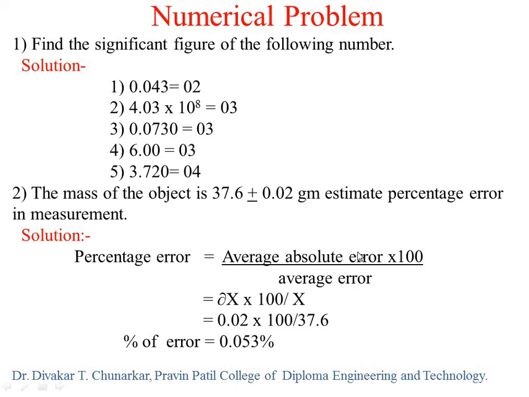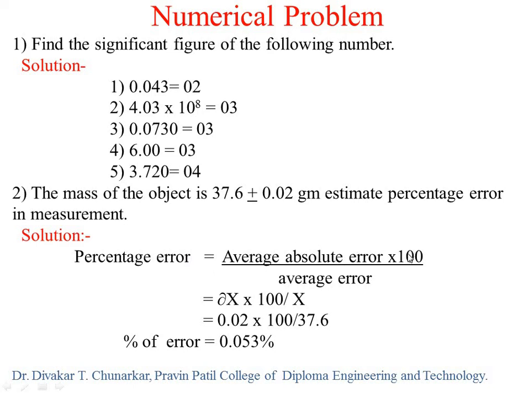So students, keep in your mind: percentage of error equals average absolute error upon average value into 100. Or another formula, when the relative error is given in the numerical problem, percentage error equals relative error into 100.